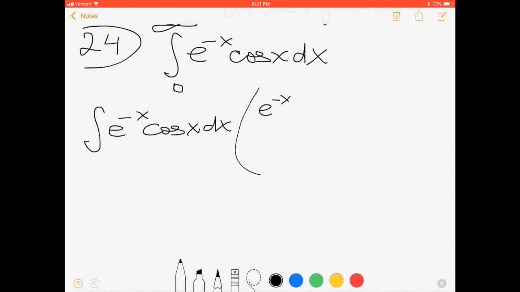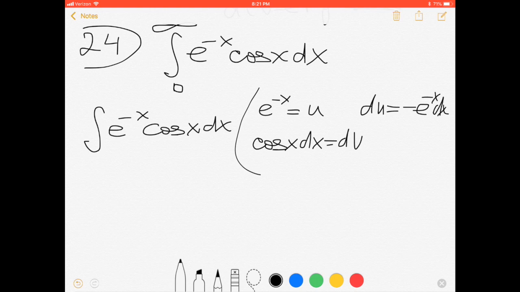e to the negative x will be u. Cosine x dx will be dv. This means du is minus e to the negative x dx, and v will be sine x. Okay, here we have uv, e to the negative x sine x, minus the integral of v du, but remember we have minus there.